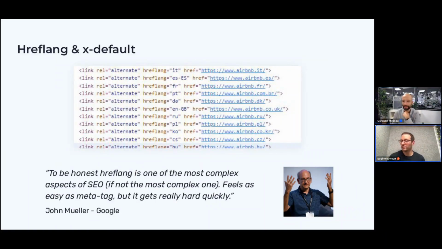Yeah, for me it's the most important, and even John Mueller, the SEO god at Google, said that it's one of the most complex things to set up in SEO.